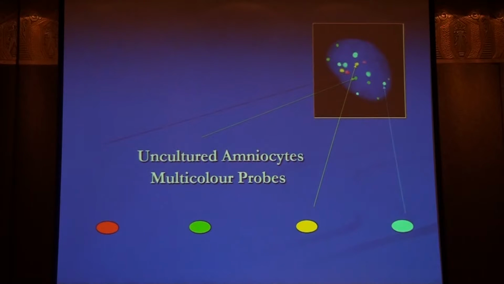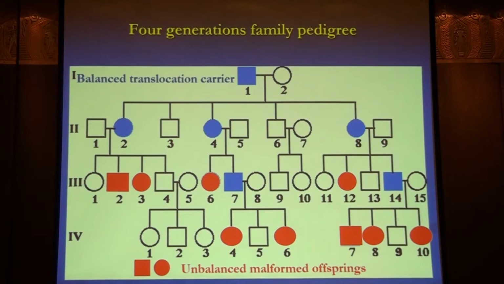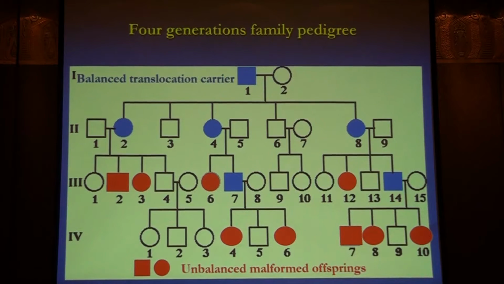And then the number of FISH probes that you can use on a single cell increased to 11 FISH probes. So if this is a Palestinian family presented to us with multiple fetal losses and fetal malformation, we tried to find out the cause, and using the microarray, we detected a very tiny translocation that you will never detect by a conventional technique.